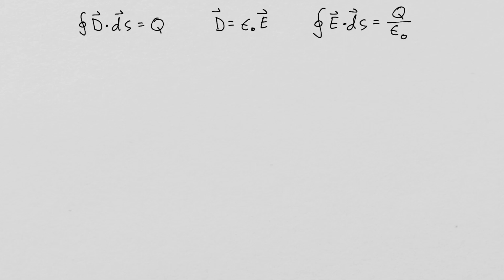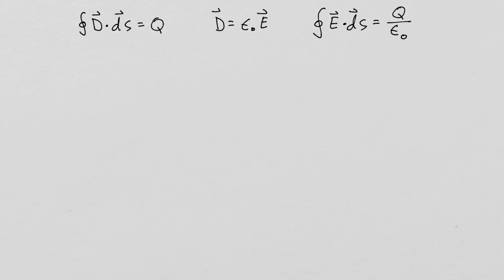Let's recall the situation where we had just point charges in free space. We had Gauss's law, which was the integral of the electric flux density field D dot dS over a closed surface was the charge enclosed. We also had the electric flux density field equal to the permittivity of free space times the electric field intensity.